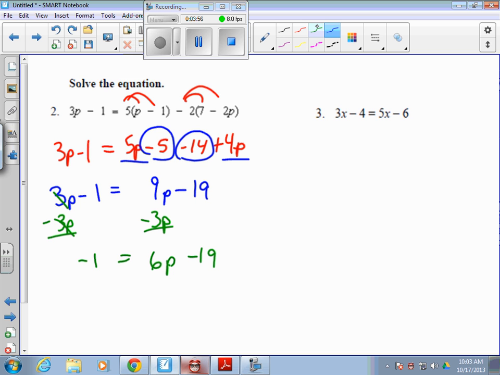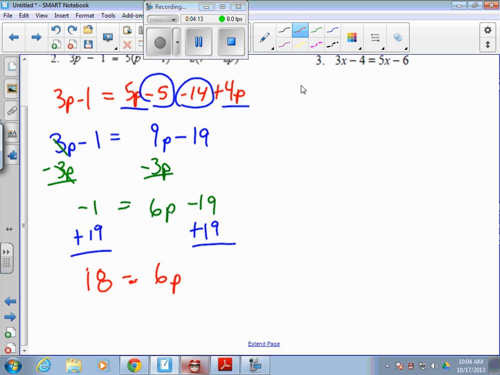Undo minus 19 on the right by adding it. If you do it to the right, add it to the left. -1 plus 19 is positive 18 equals 6p. And then get rid of 6 times something by dividing by 6 on both sides to get p's value now at 3.